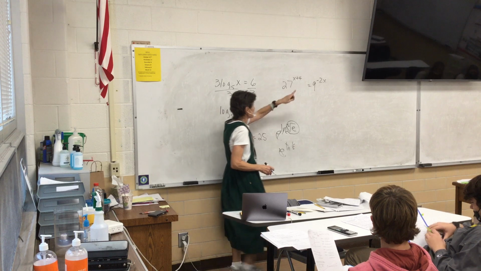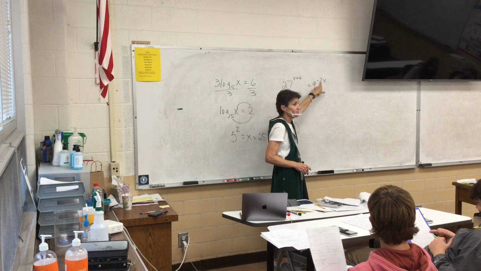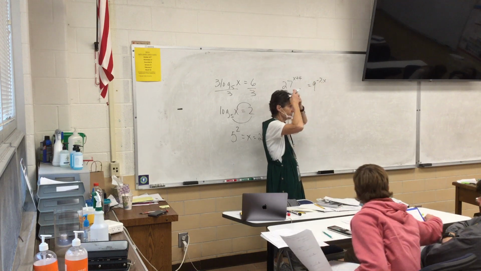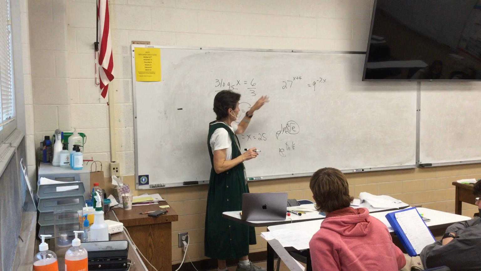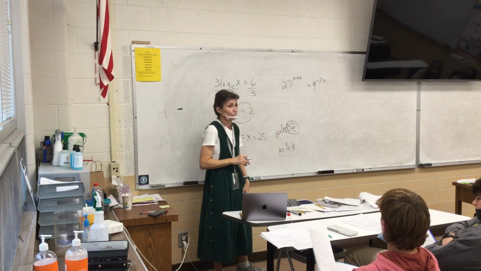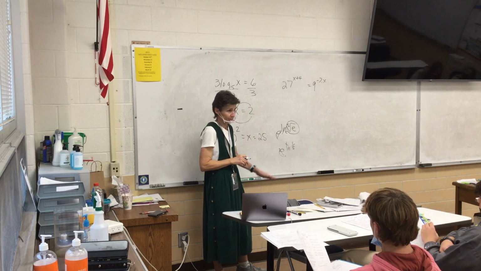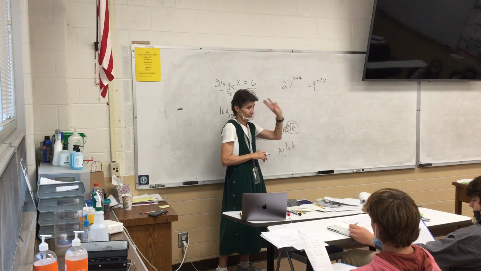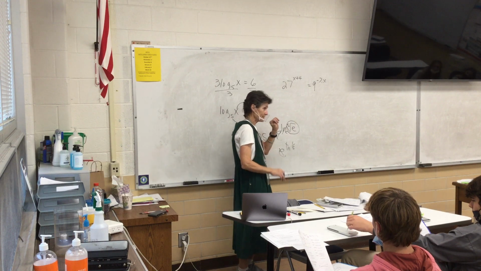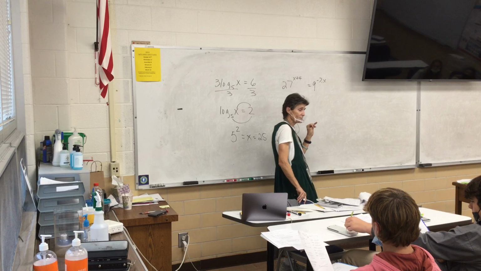Sometimes, when we see x's in the exponent place, we immediately think logarithm. But there's something special about 27 and 9. What's special about 27 and 9? They're both powers of 3. Now, notice I didn't say they are multiples of 3. There's a huge difference.